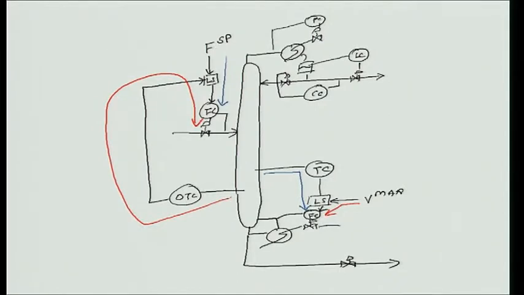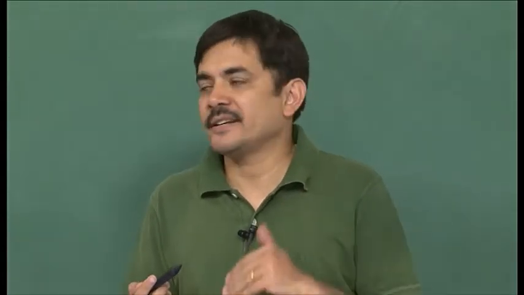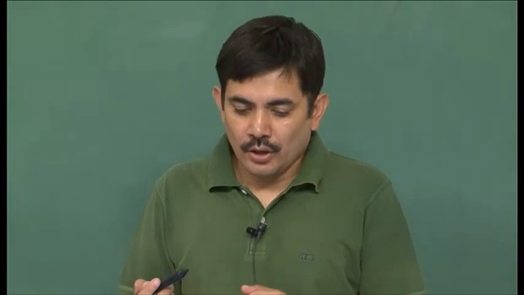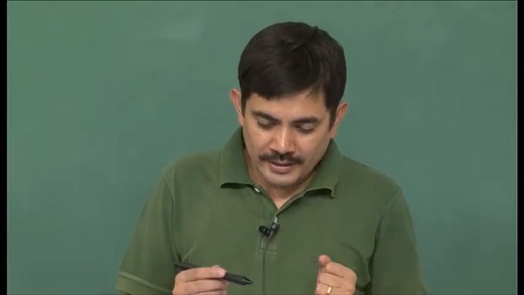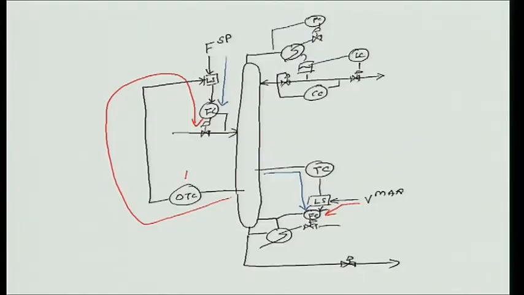Do you see how these low selects actually end up altering the control structure when a constraint is hit. Okay. So, the disadvantage of this scheme is the fact that SP2 must be less than SP1.